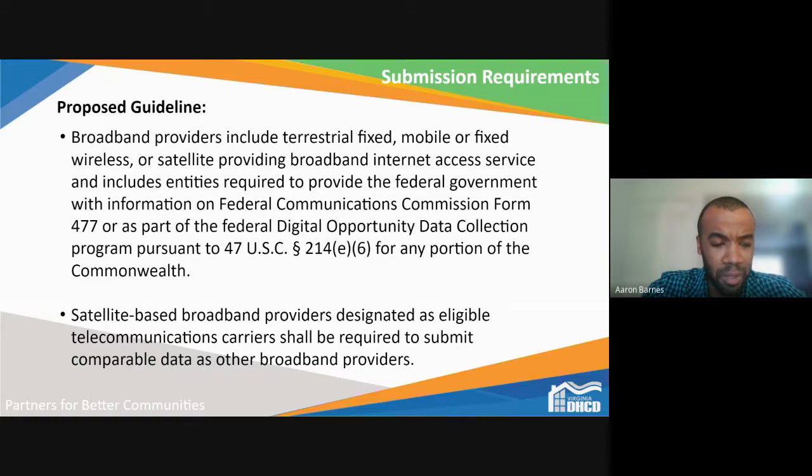Then that last bullet you'll see, we talk about satellite-based broadband providers, pretty much providing comparable data as the other broadband providers. And with that, I will pass it to Lonnie.